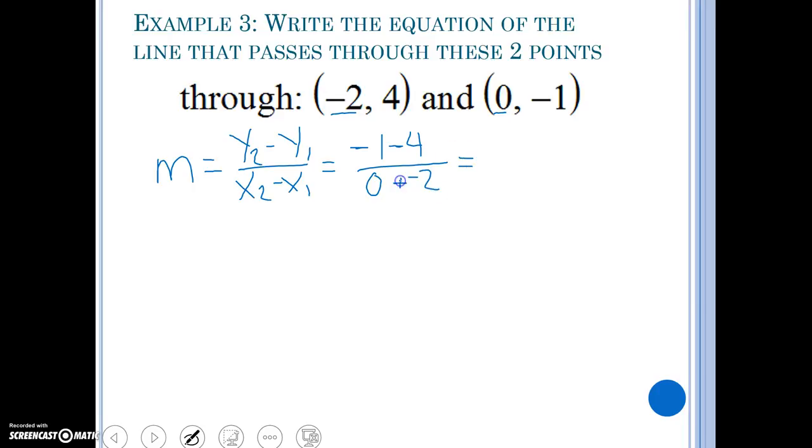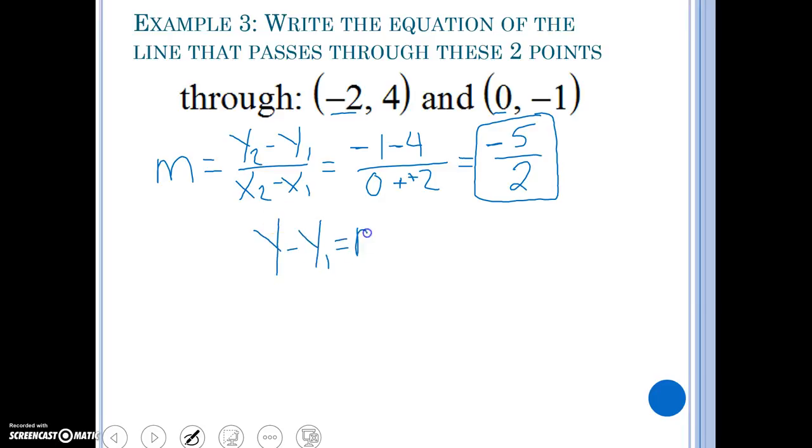We have that double negative, so we're going to make both of those positive. Negative 1 minus 4 is going to give us negative 5, and 0 plus 2 is going to give us 2. We cannot simplify this any further, so we're going to leave it like that.